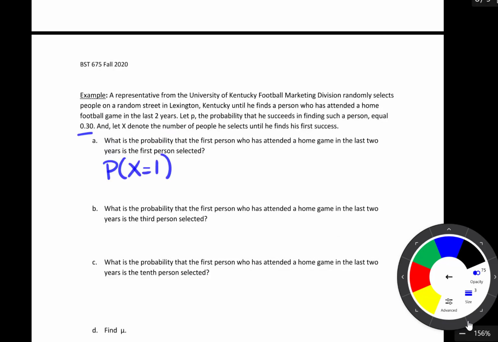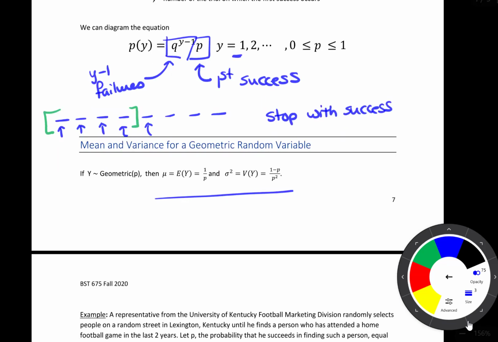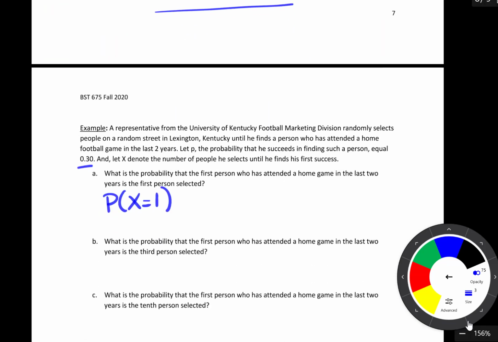So we could go up to our formula and say the probability that y is equal to 1 is q to the 1 minus 1, which is 0, so that cancels out, that's just a 1, times p, our success probability. So in this case, this is equal to 0.30. The other way to think of this is we only talk to one person. There's a 30% chance of success on that first person, so there's a 30% chance that we stop after the first person.